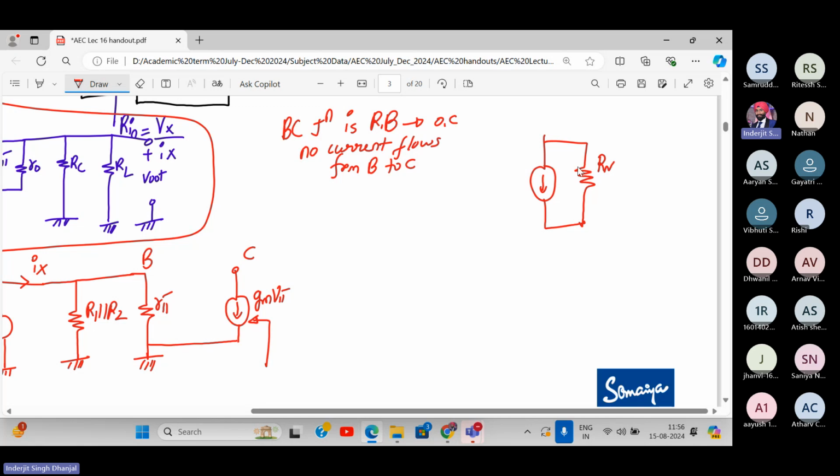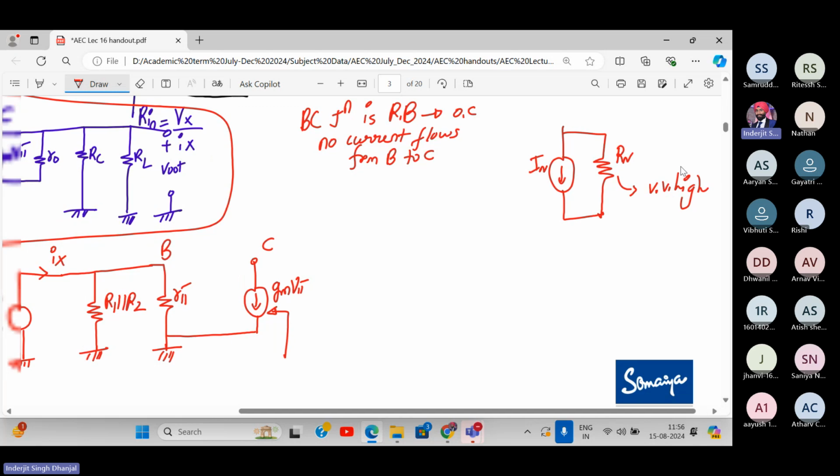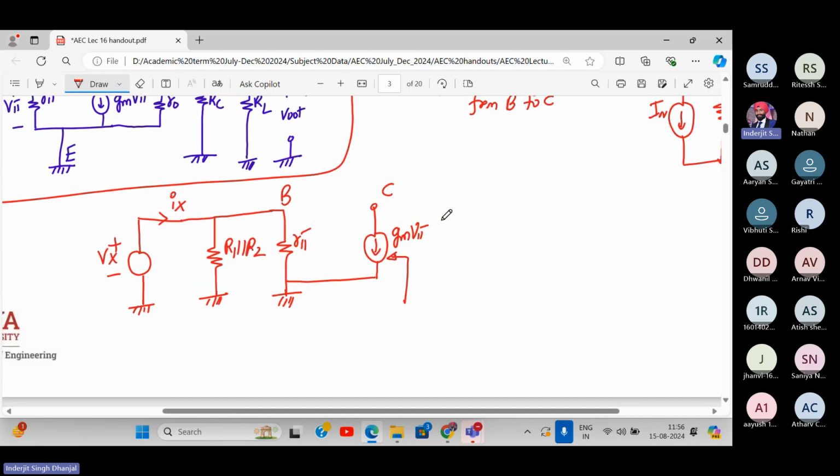So if this is Rn, this is In, this is very, very high. And now we are doing the analysis. So very high, what I'm saying is it's infinite. So this current source, the voltage dependent current source, will be infinite. It will become an open circuit.